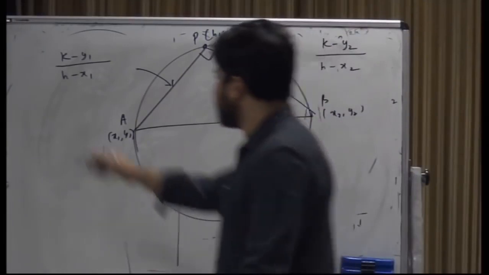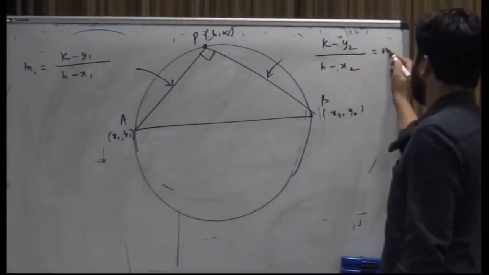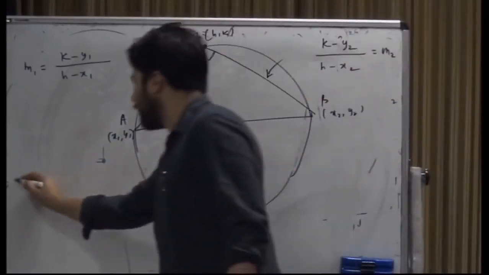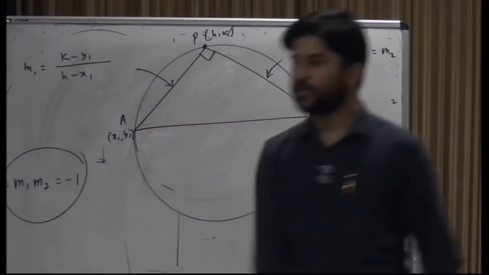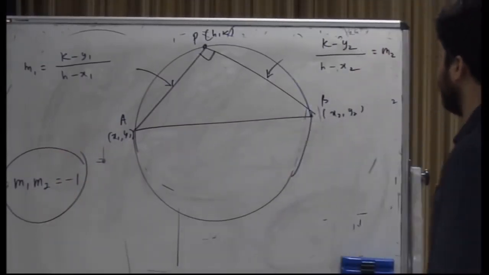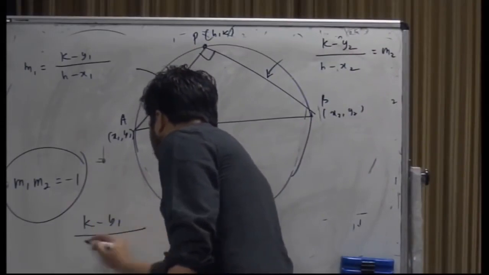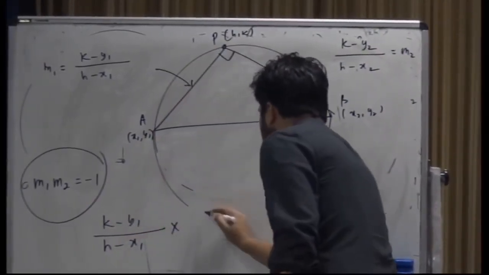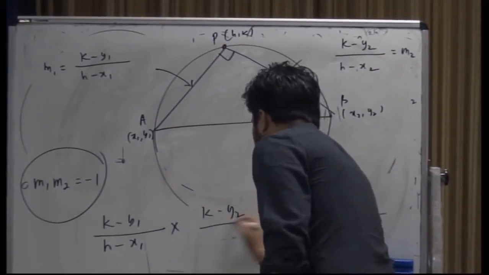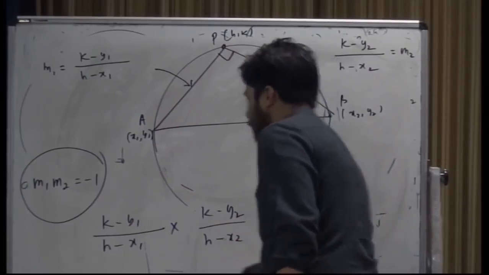And you know if this is m1 and this is m2, by the property that m1 m2 is equal to minus 1, I don't have to explain this. So I can say (k − y1)/(h − x1) × (k − y2)/(h − x2) = −1.